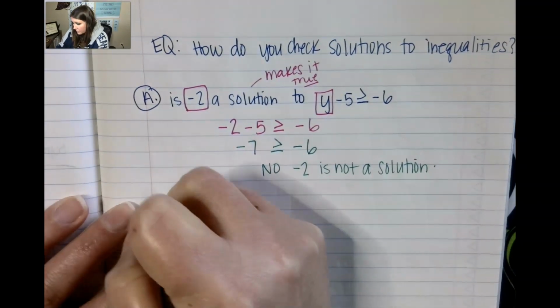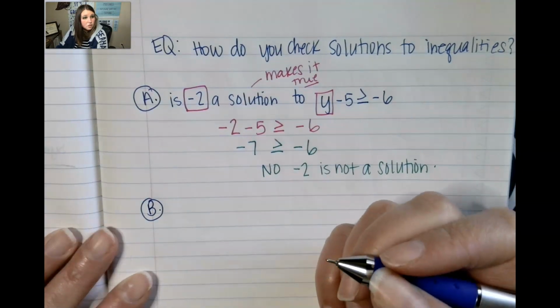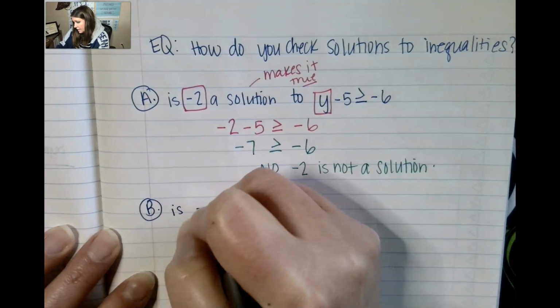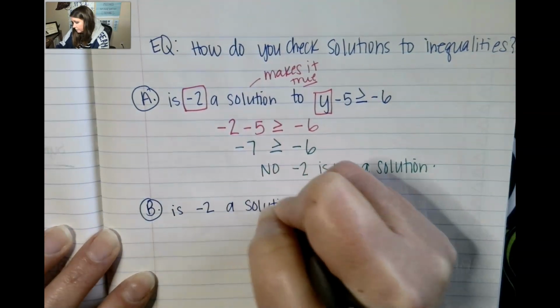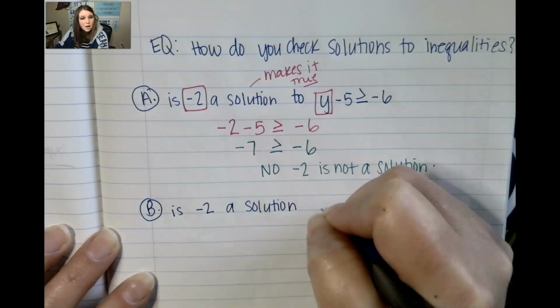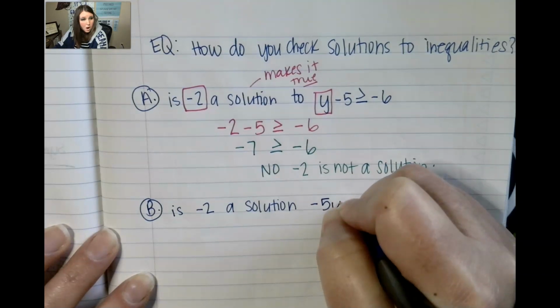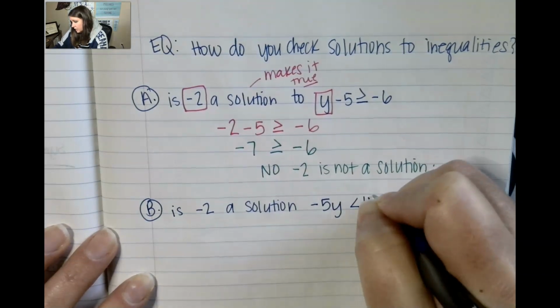Again, we're going to sub in. This one says, tell whether negative 2 is a solution again. Is negative 2 a solution to the inequality negative 5y is less than 14?